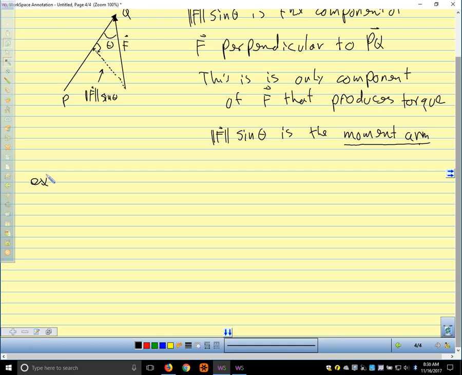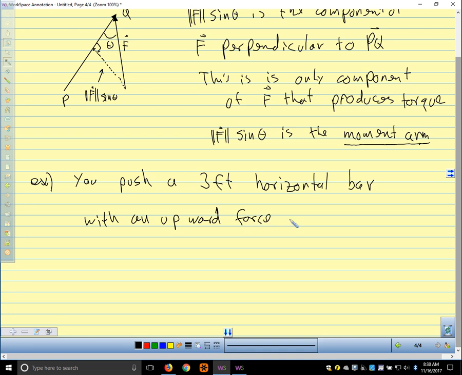All right, so for our example, we push a 3-foot horizontal bar with an upward force of 20 pounds, at a 70-degree angle to the bar.